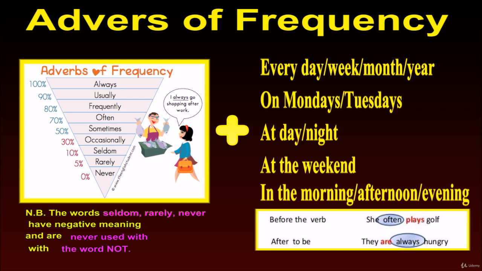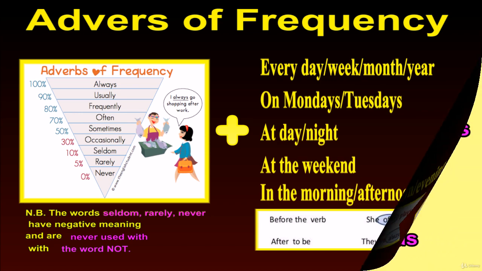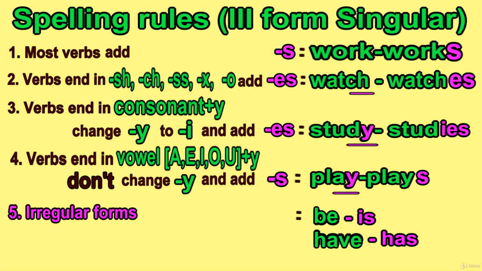Also, you use the following time expressions with the sentences in present simple tense, such as every day, every week, on Mondays, on Tuesdays, at day, at night, at the weekend, in the morning, in the afternoon, and so on. And now let's study the way we add ending s or es to the base form of the verb in the third person singular. In most cases, it is just ending s, work, works.